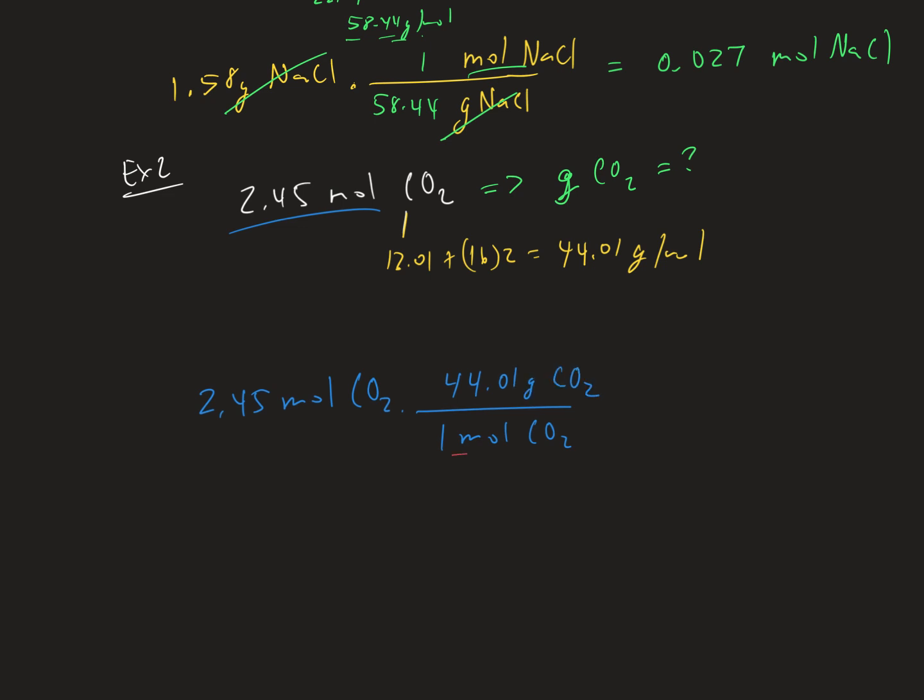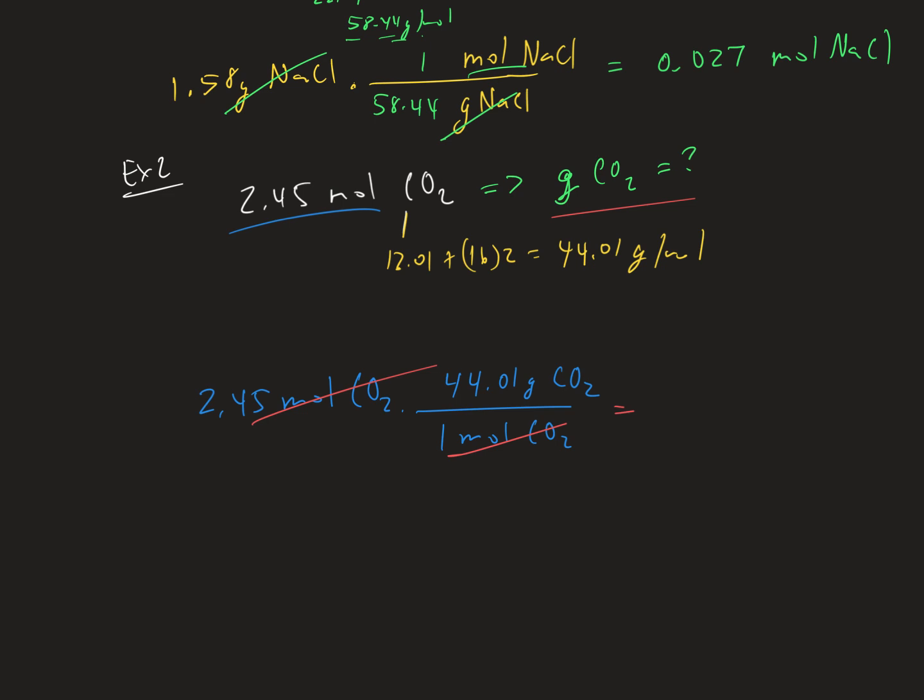Moles go away, we're left with grams, that's what I'm looking for, so I can stop converting. You see, this is just dimensional analysis, guys. When I say just, I'm not saying it's easy, but we learned this way back when. That's the majority of all chemistry math for this class. Okay?